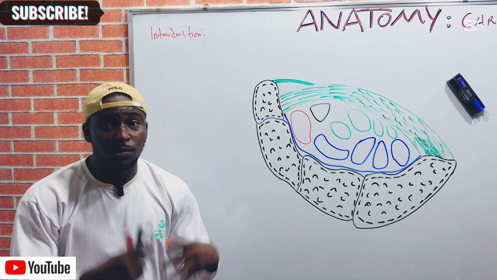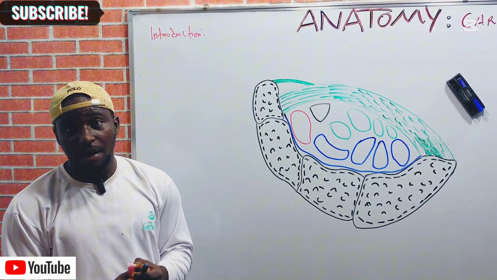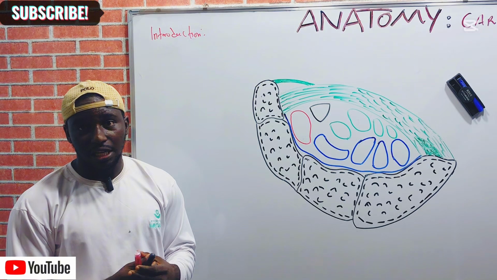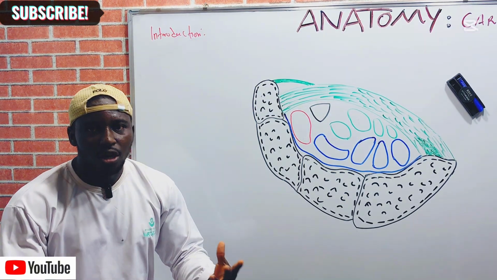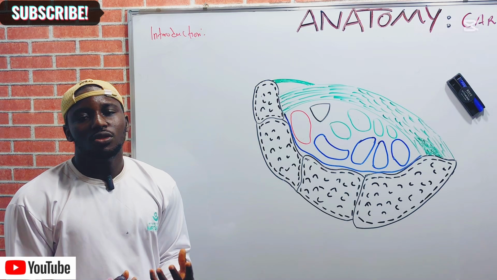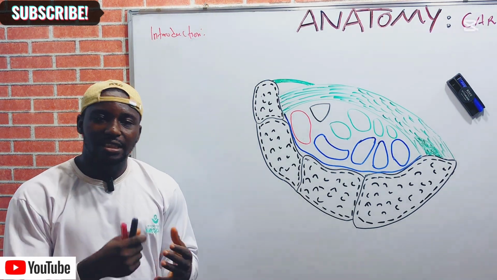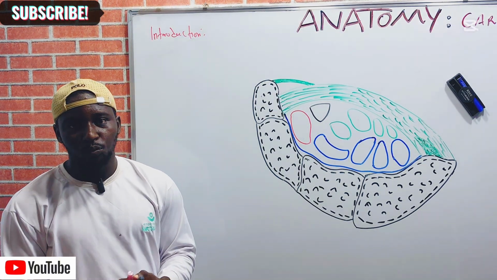But it is not all the superficial and deep flexor tendons of the anterior compartment of the forearm that pass through the carpal tunnel to enter the hand. It's not all of them. As you proceed, you will see those tendons of the superficial and deep flexors that enter the palm by passing through the carpal tunnel.